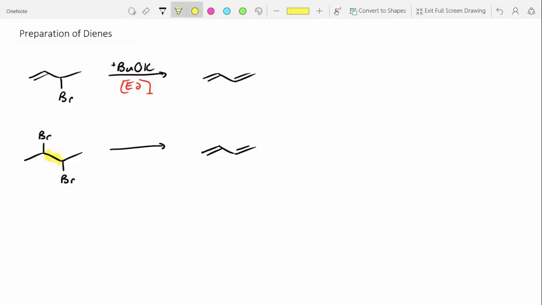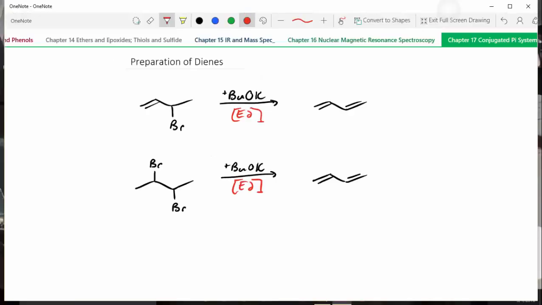We don't want the double bond in the more substituted position. We want it in the least substituted positions. So we need to use a strong, bulky base again to give us our Hofmann product. And both of these are through E2 chemistry. Pretty easy, pretty straightforward. It's just reviewing old chemistry from first term. Does that make sense?